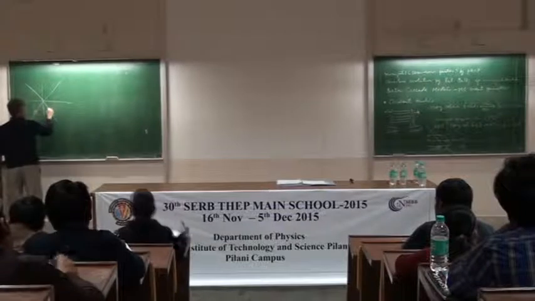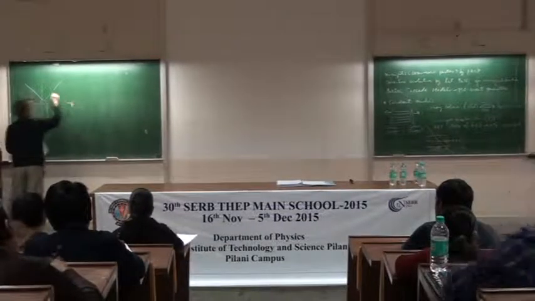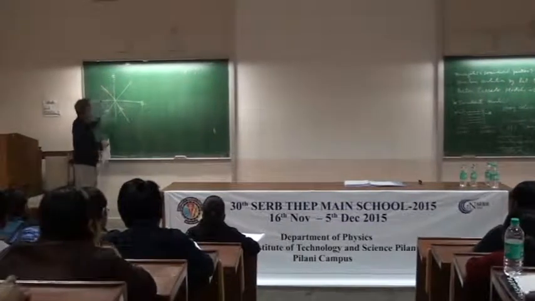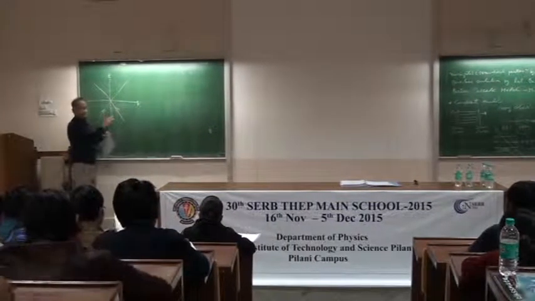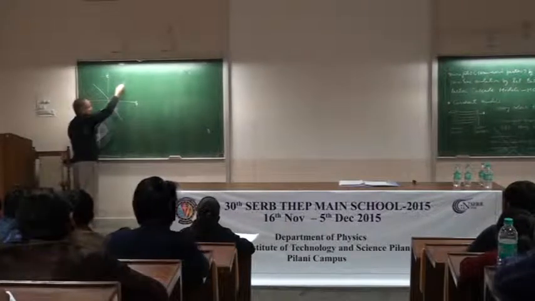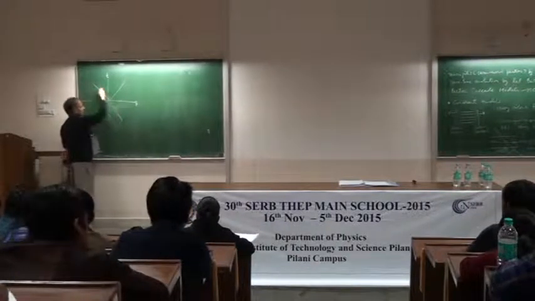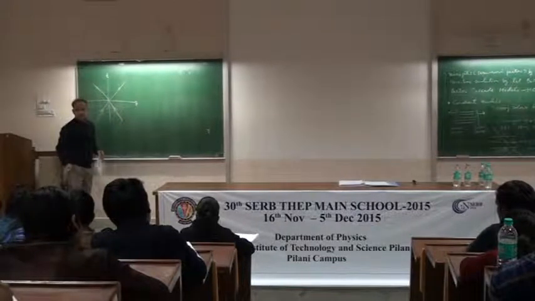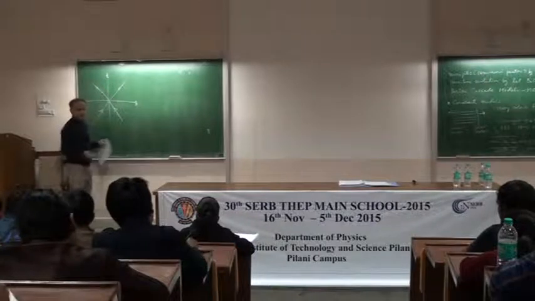Two nuclei are approaching, and suppose there was no interaction, then what will happen? This nucleus will continue to move along this line, and this will continue to move along this line, if there were absolutely no interaction. But we know in reality there are interactions.